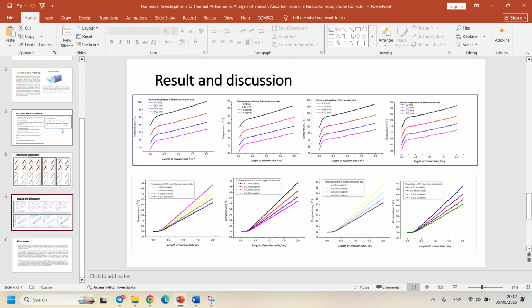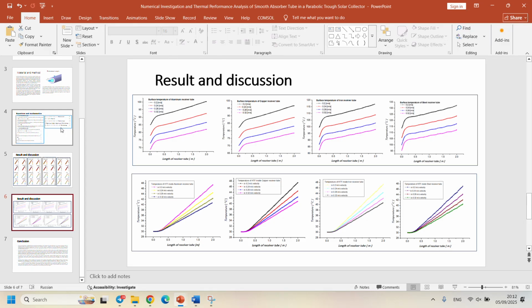And also you can see the fluid temperature variation at 4 different mass flow rate with 4 different material. As you can see that the higher heat transfer fluid temperature is occurred with the copper one, while the minimum heat transfer fluid temperature is observed with the stainless steel one.